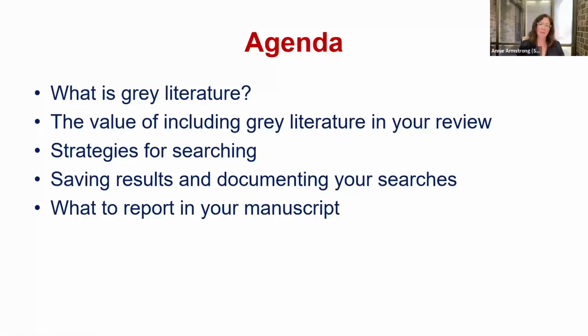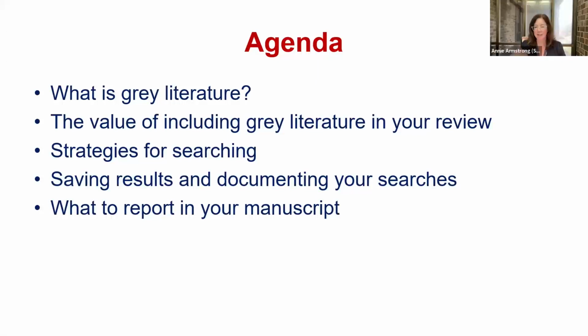Okay, so just to give an overview of what we intend to cover today, we'll begin with some baseline definitions, just to get everyone on the same page with what we mean by gray literature, and provide a rationale for why you would want to include the gray literature in an evidence synthesis review. Rosie will then go into some strategies for searching, and these are informed by her own research as well as her many years of working with people to support their evidence synthesis reviews.